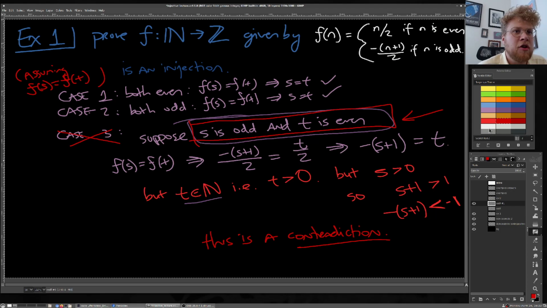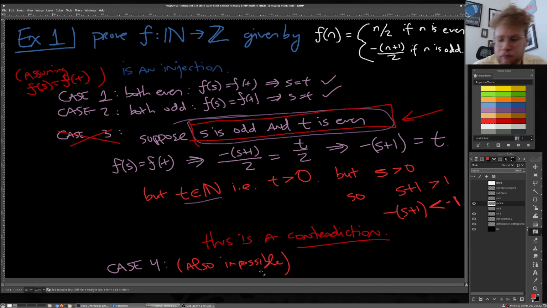And then if you do case 4, it's also impossible. Meaning it's our assumption that s is odd and t is even, and then here our assumption that s is even and t is odd. Both of those are incorrect assumptions.